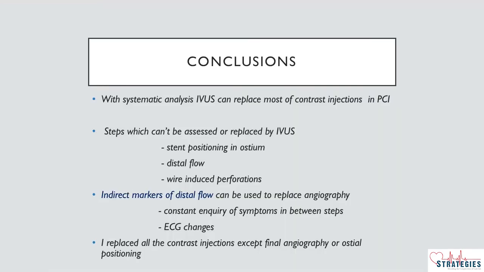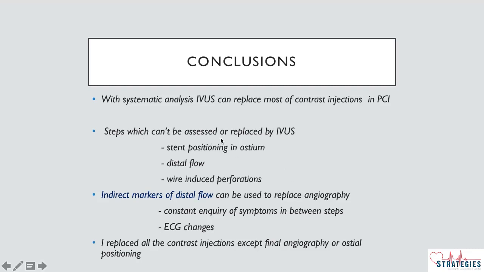To conclude, with the systematic analysis of IVUS, we can replace most of the contrast injections in PCI. In my practice, I replaced first injections and all subsequent injections, but I am still continuing to give one last injection to understand wire-induced perforations.